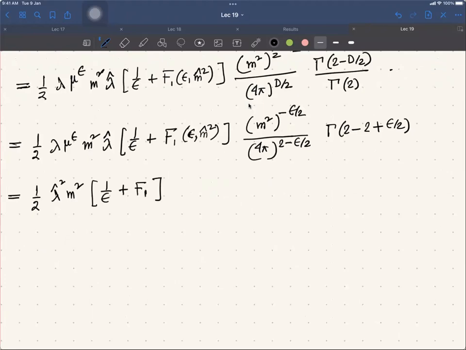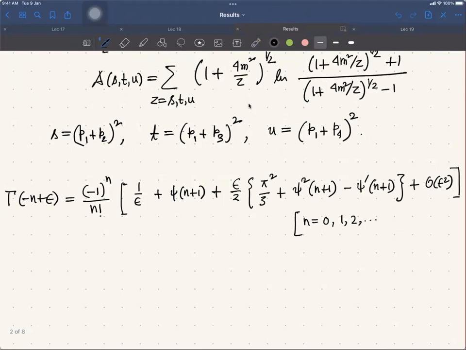This is m square over 4 pi to the power epsilon by 2 minus epsilon by 2. So one can write (m square over 4 pi mu square) to the power minus epsilon by 2, where I have combined this mu to the power epsilon factor here also. This times gamma(epsilon by 2), and that has an epsilon expansion which one can get from this result.